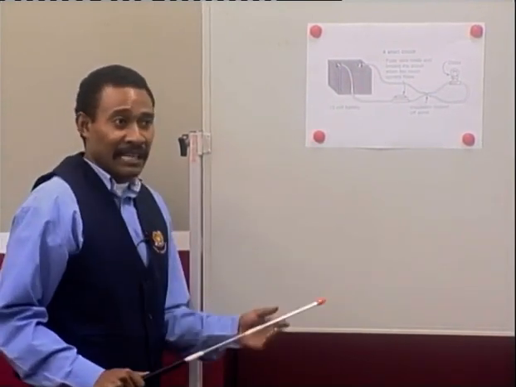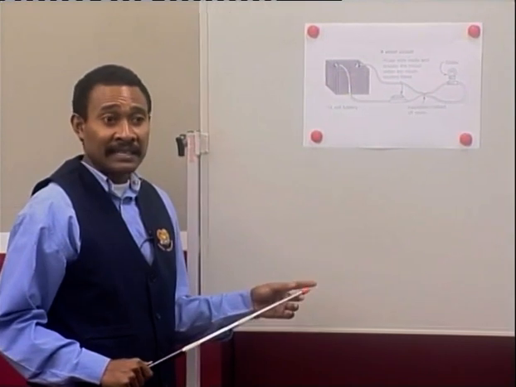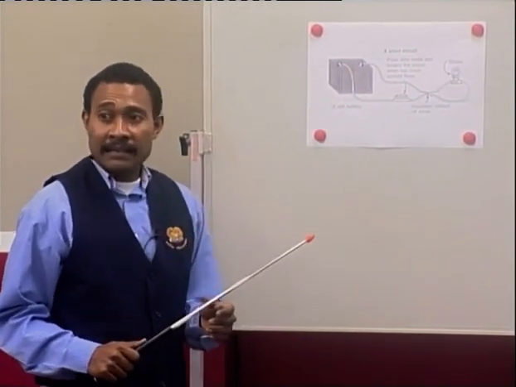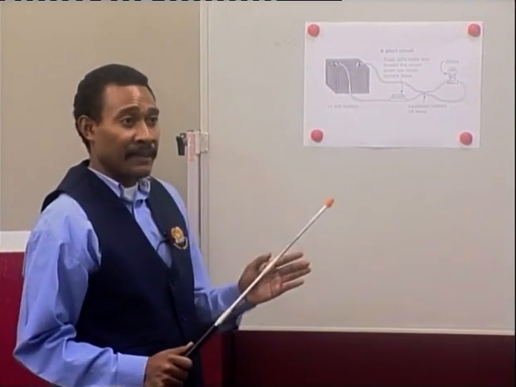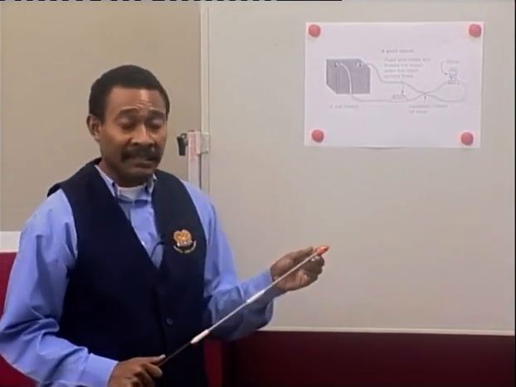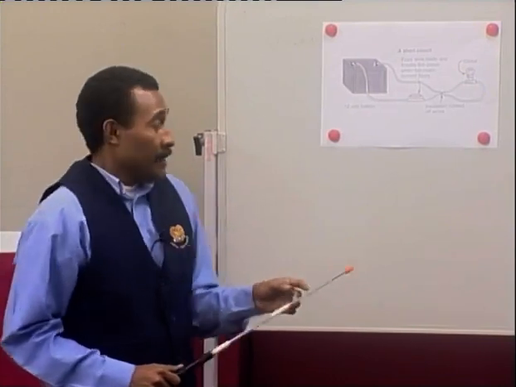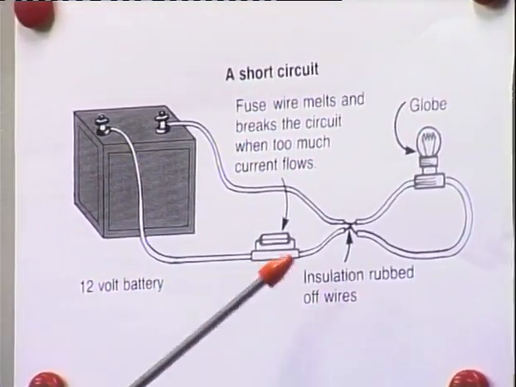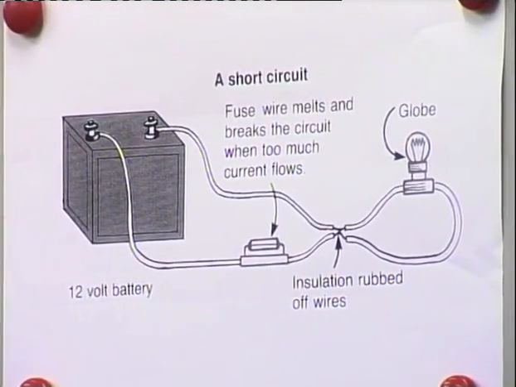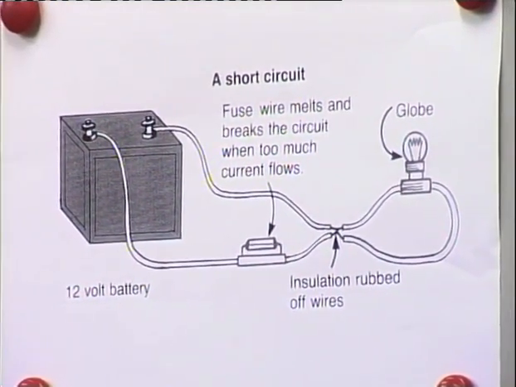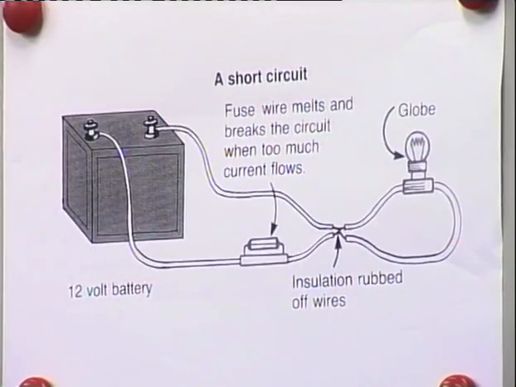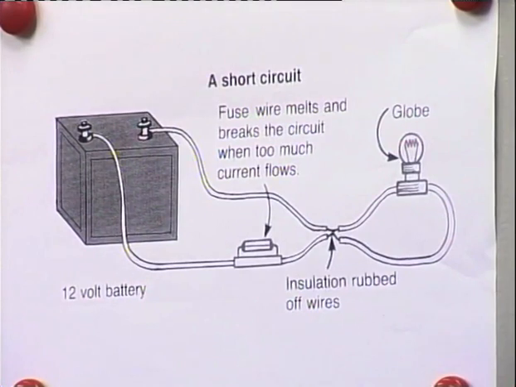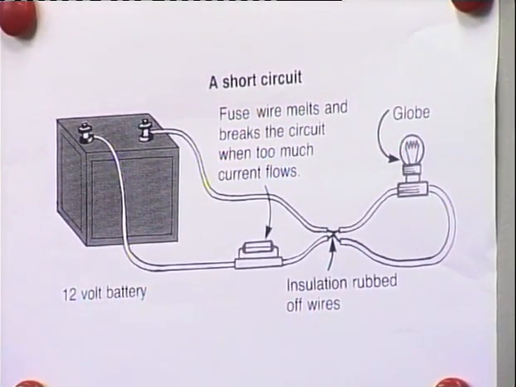Now, that is used especially when there is a short circuit or other electrical faults. Most electrical faults are caused by short circuits, and most electrical fires are caused by short circuits. So the only way for us to protect ourselves from short circuits is by having a fuse.